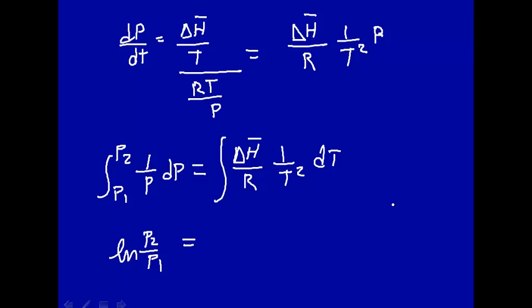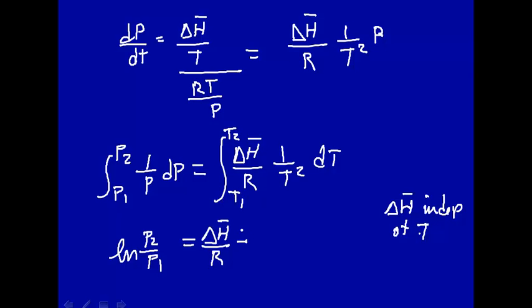That's equal to, let's assume delta H is independent of temperature, so we pull that out of the integral, delta H over R. And if we integrate this with respect to temperature, going from T1 to T2, that's minus 1 over T, so 1 over T2 minus 1 over T1.